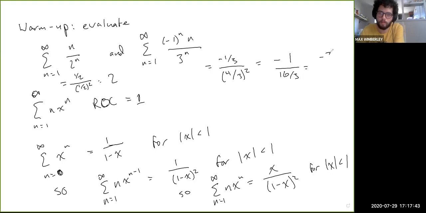So -3/16, I guess. Is that what you guys got? Or do you disagree? Anyone disagree? I think this is right. 16 over 9. Yeah. So any questions about this?